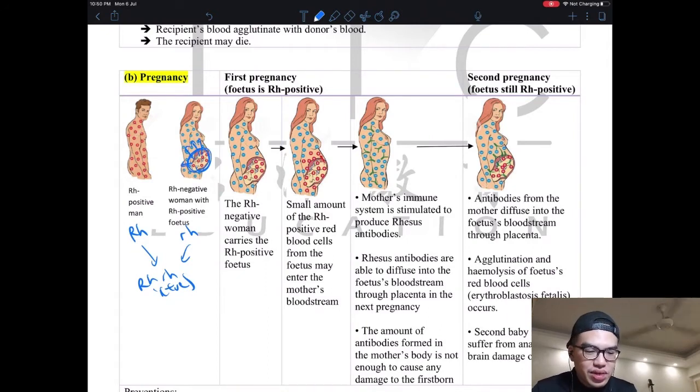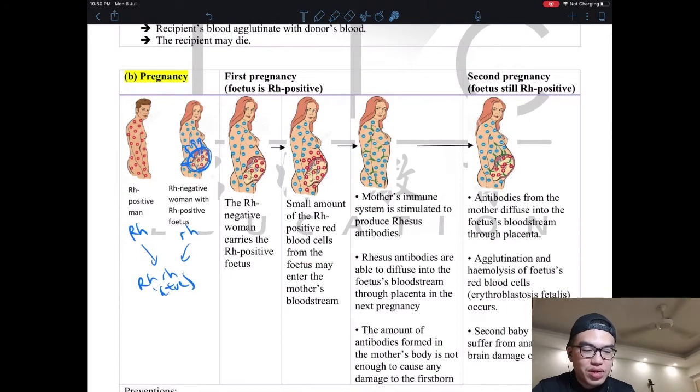So the Rh negative woman carries the positive fetus. A small amount of rhesus positive red blood cells from the fetus may enter the mother's bloodstream and, like I said, attack the mother's blood.